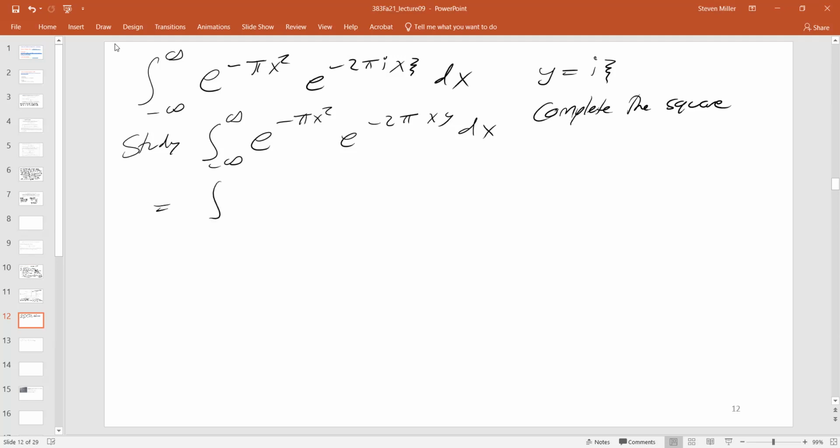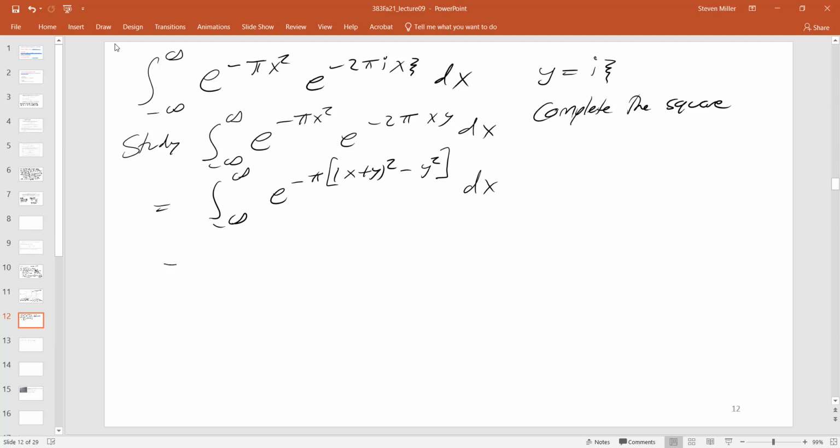So this is just the integral from minus infinity to infinity, e to the negative pi. So it's going to be, I think, x plus y squared, and then minus y squared dx. So that'll give me the x squared. So I think that works.